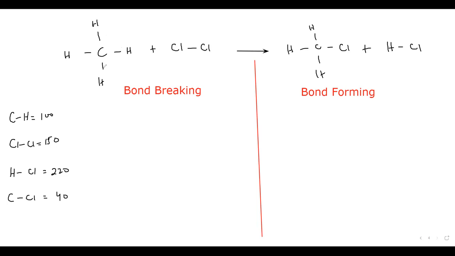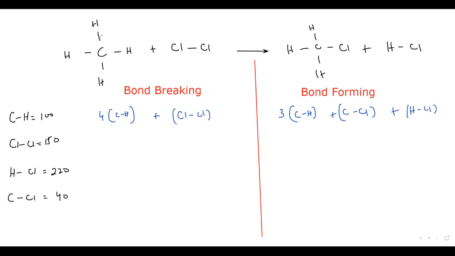We have 1, 2, 3, and 4, so there are 4 C-H bonds. Then there is one Cl-Cl bond. On the bond forming side, how many bonds are there? 1, 2, and 3. So there are 3 C-H bonds, one C-Cl bond, and one H-Cl bond.